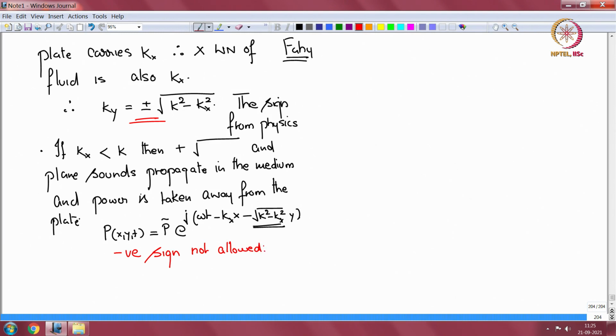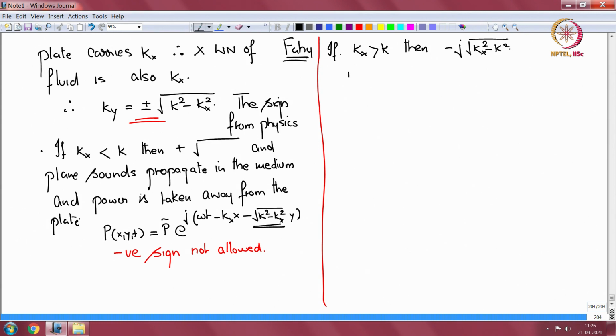Okay. On the other hand, if it happens that kx is greater than k, then we have to choose the negative imaginary value, negative imaginary square root of kx square minus k square. Okay, why is that?